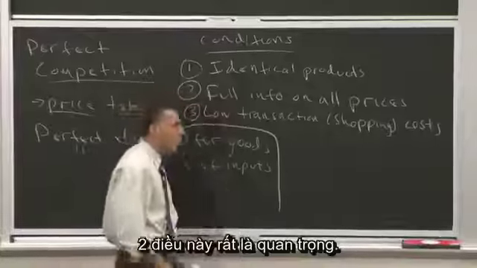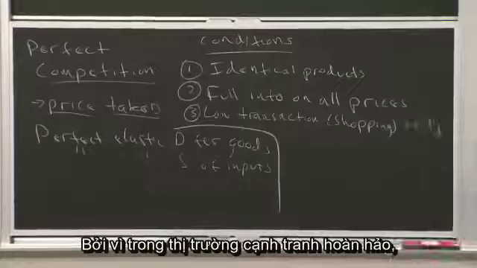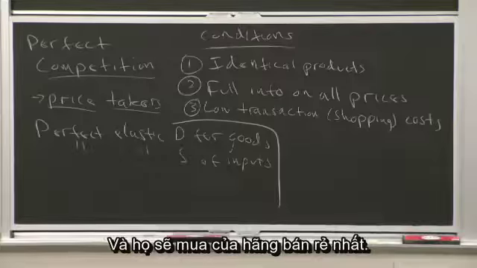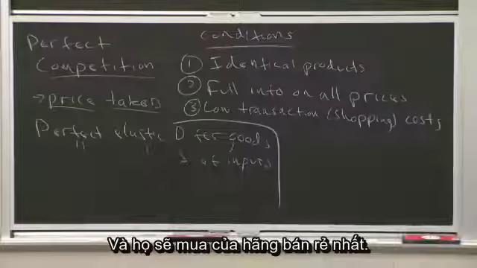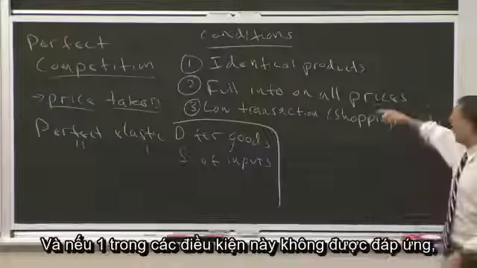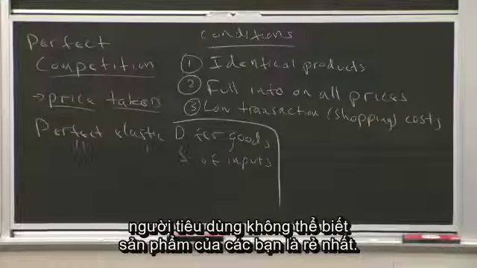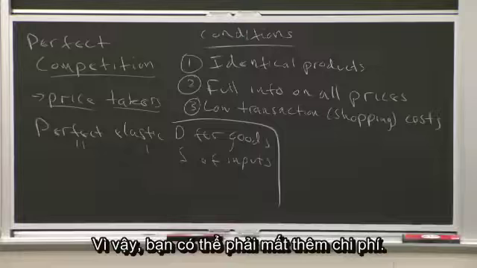These 2 are critical because the way perfect competition works is consumers shop across firms selling identical goods, and they buy from the cheapest one. If there's any failure of either of these, then consumers might not know if you're the cheapest, and therefore you might be able to charge extra.